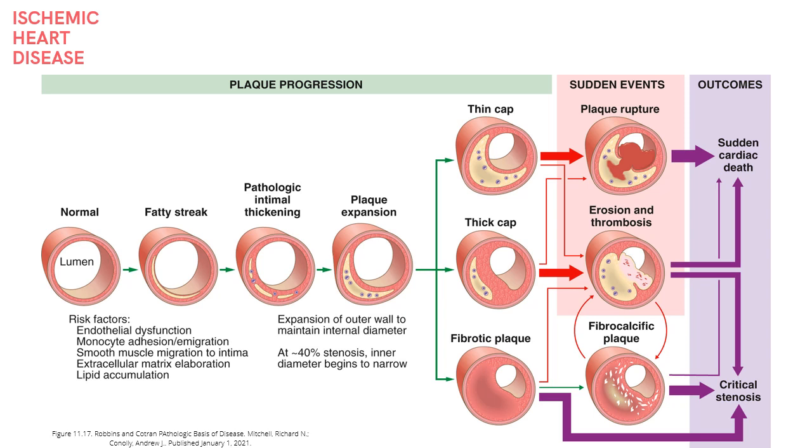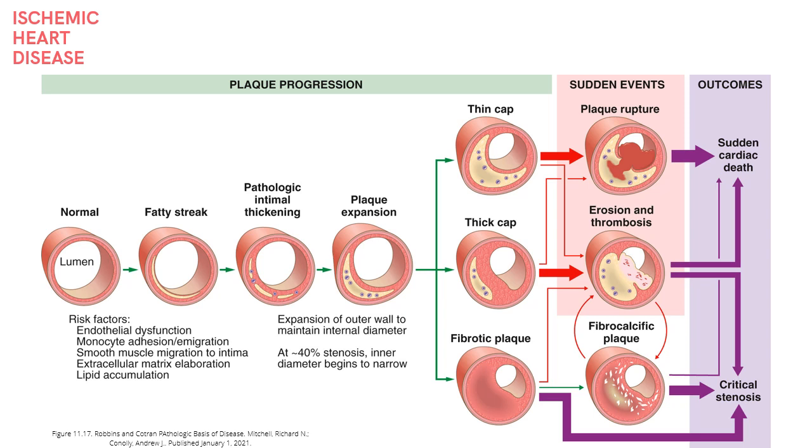Whenever the smooth muscle in the middle layer enters the inner layer, that will increase the propensity of this blood vessel to contract. Whenever there is excess production of extracellular matrix, and whenever there is lipid accumulation, a fatty streak can develop. Okay, so these risk factors are the pathogenic processes that occur in the development of an atheroma or a plaque.